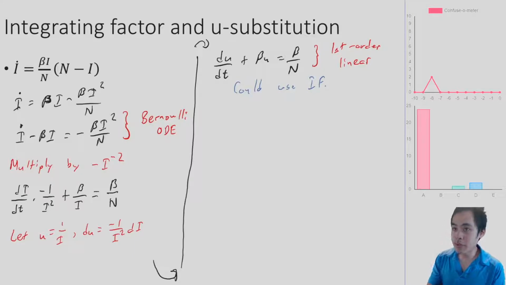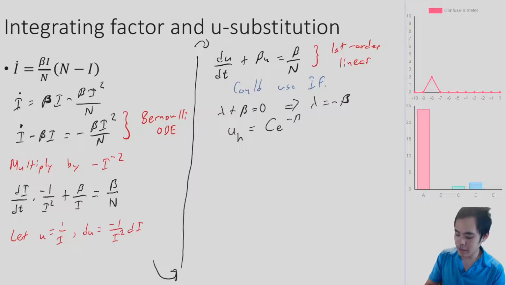And so we can write out the characteristic equation, which is lambda plus beta is equal to 0, which implies that lambda is equal to minus beta. And so then you get a homogeneous solution, c e to the minus beta t. And you can use an ansatz. We're going to guess that the particular solution is going to be some constant a.